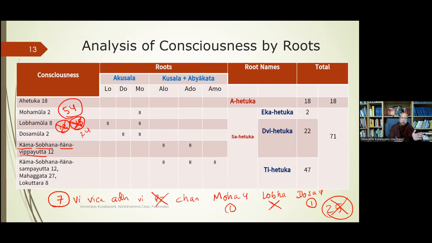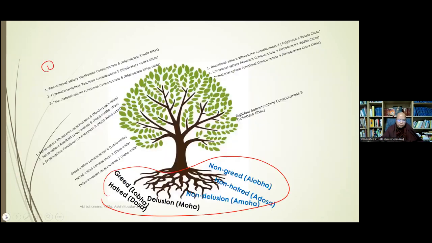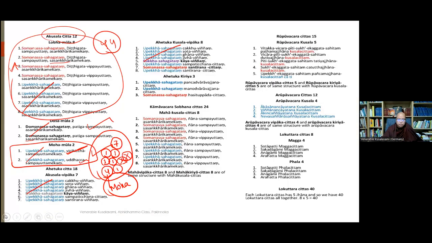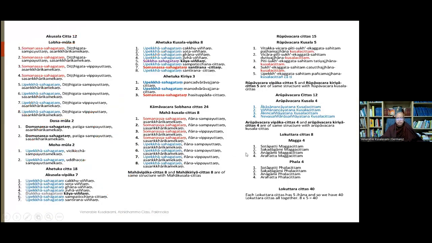Out of this 24, in the wholesome consciousness, kusala, mahakusala, there is jnana vippayutta 4 and jnana sampayutta. So consciousness accompanied by knowledge is called associated with knowledge, and dissociated from knowledge. So jnana vippayutta is dissociated from knowledge. I want you to digest this, so that's why I show you many times.